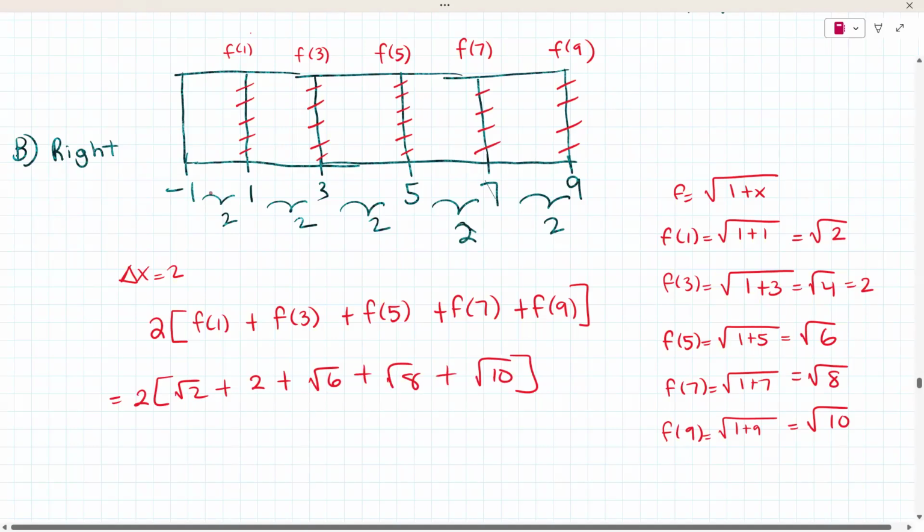And then if you put that in the calculator, you get 23.79.